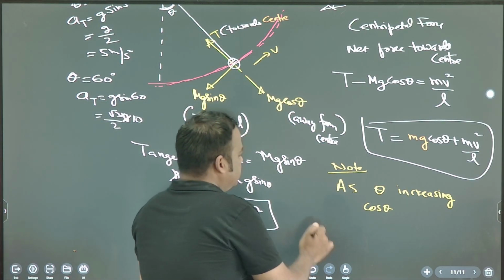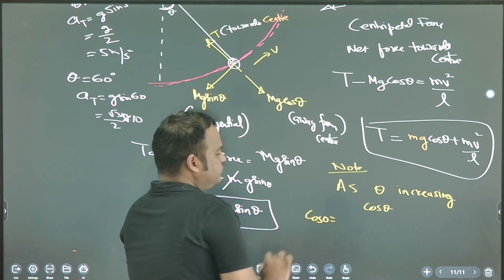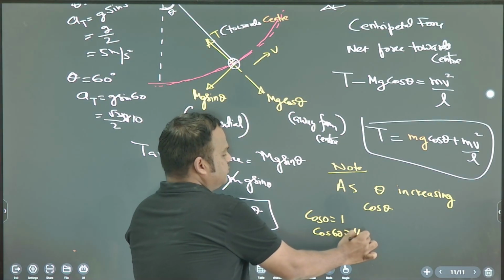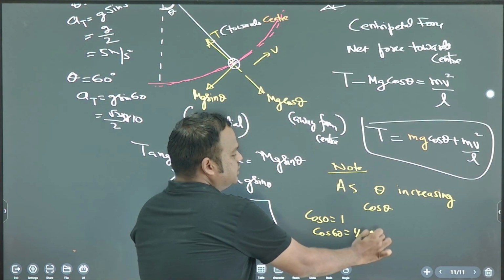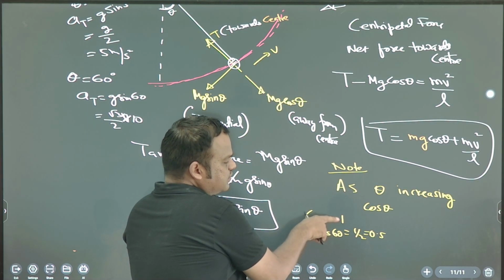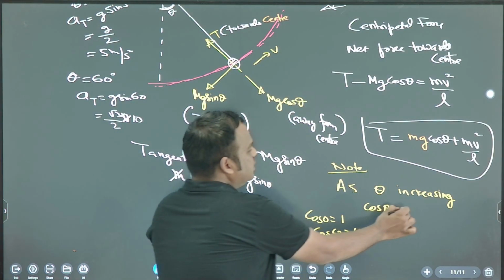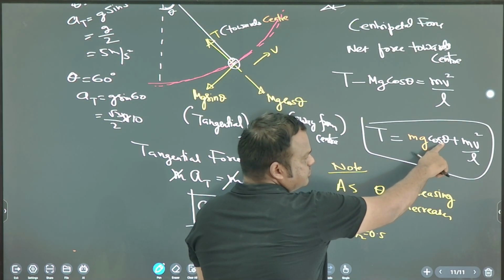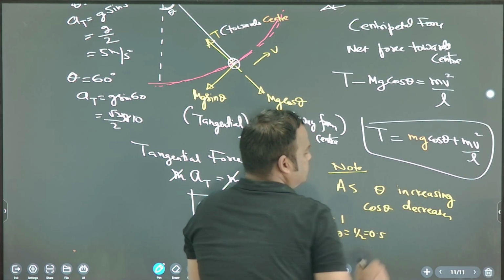Decreasing. Very good. What is cos 0? 1. What is cos 60? 1 by 2, that means 0.5. When theta increases, cos theta decreases. What about V?